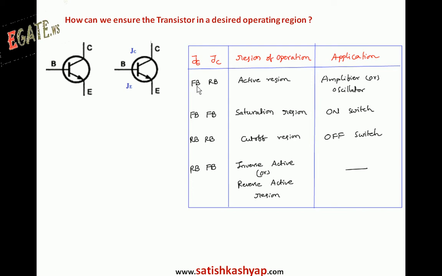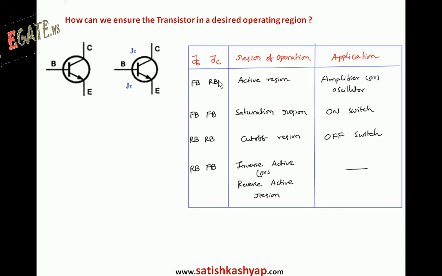If JE is forward biased and JC is reverse biased, that is, the emitter base junction forward biased and the collector base junction reverse biased, then the transistor is in the active region, where it finds applications as an amplifier as well as an oscillator. When both junctions are forward biased, the BJT is in saturation, where it acts as an on switch.